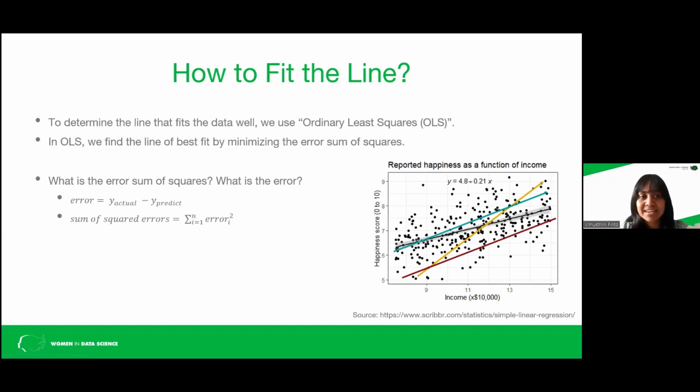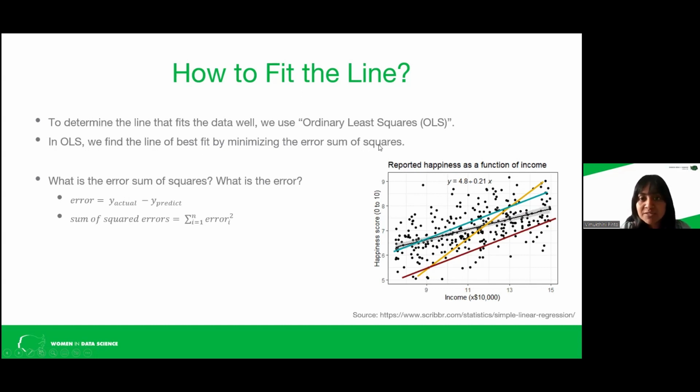It sounds a bit scary when we hear error sum of squares, so let's narrow it down. What is an error? An error is the difference between an actual value and the predicted value. For example, for this point here, if this is the actual value, this could be the value that the model predicts, the one that the black line predicts. The error is the difference between these two points.